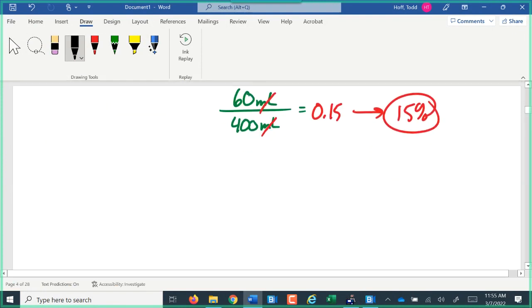Like I said, volume you have to be a little bit more careful with. I can't just say I'm going to take so much water or saline and add it to my medication unless I know that that medication is additive with water. If it's in a liquid form, if it's powdered, it's almost never additive.